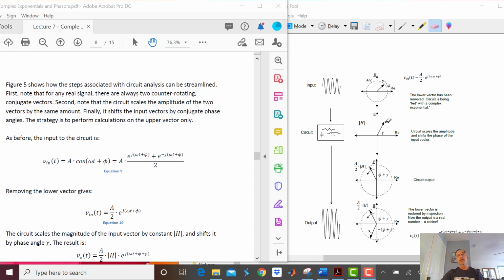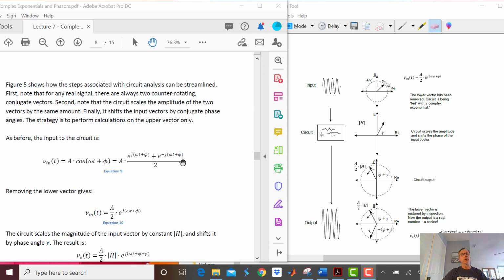So in other words, if I know what's going on here, I know what's going on here. So our strategy is to perform the calculations on the upper vector only. So you'll see that this figure looks a lot like the last figure, but I just have the upper vector.